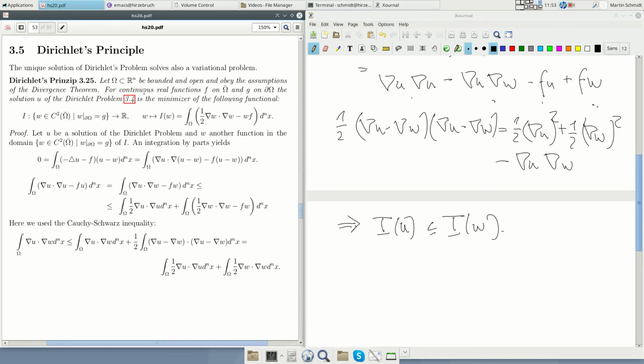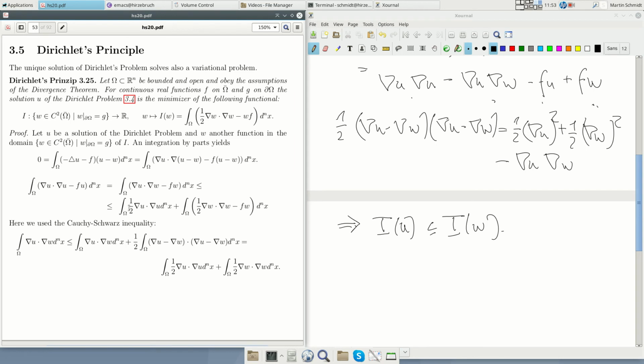Since we made no assumption on w, this is true for any other element. We really see that it's a minimum.